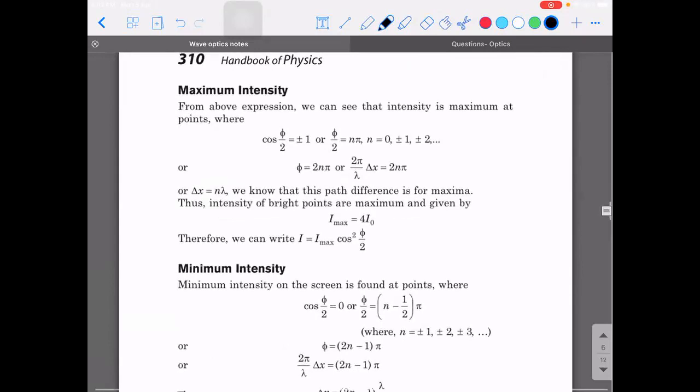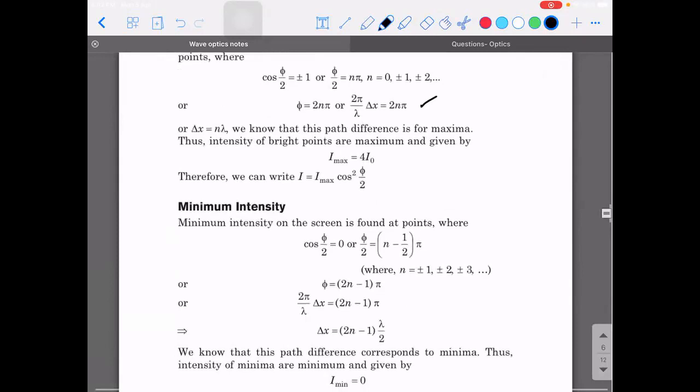For maximum intensity, I have explained the phase difference, path difference and all those things. The maximum intensity that is possible is 4 times I0, where I0 is the intensity of each source. I can also be written as I max into cos squared phi by 2.